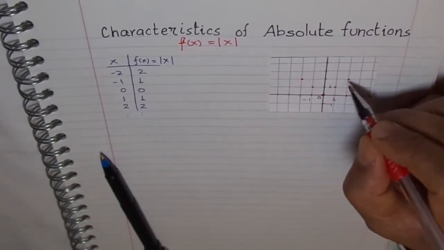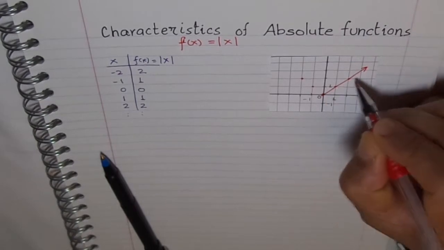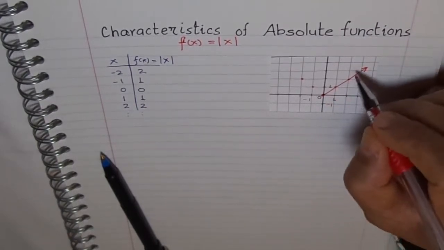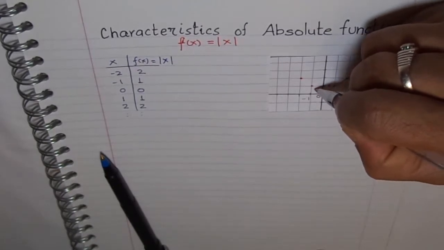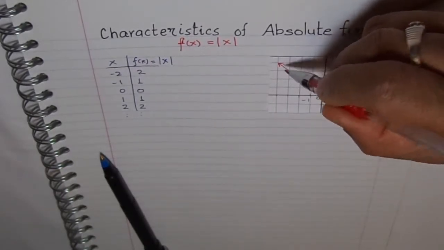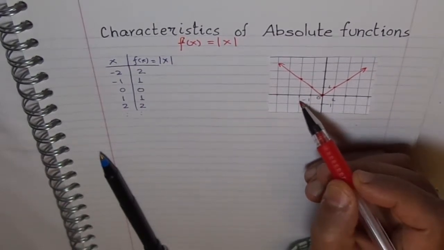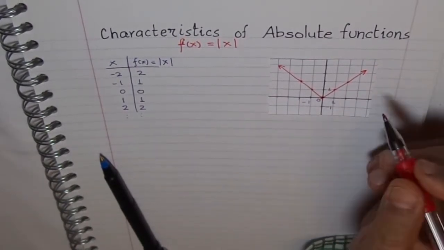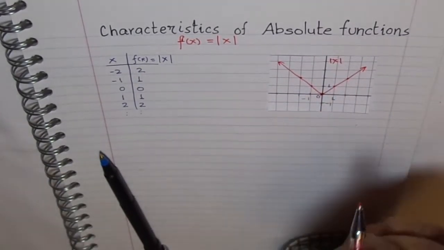We can join them with a straight line. This part of the line is like y equals x, correct? And this part of the line is like y equals -x, so what we have done is take the minus of these values. And you get our absolute function. This is our function, absolute x, correct?